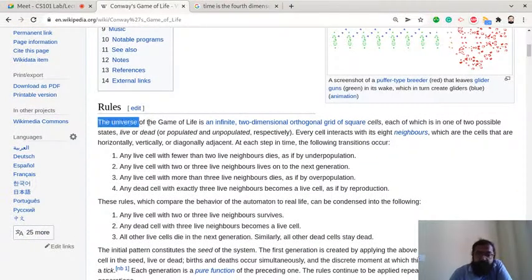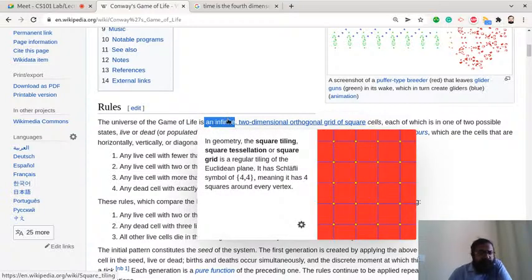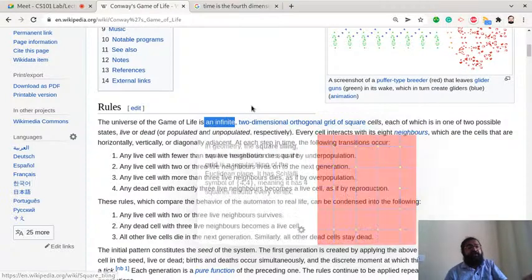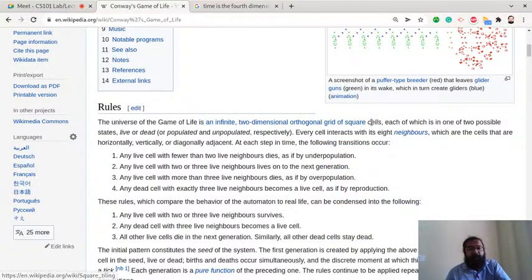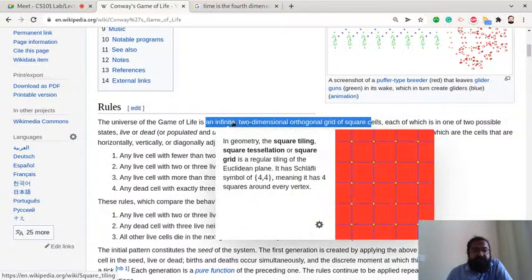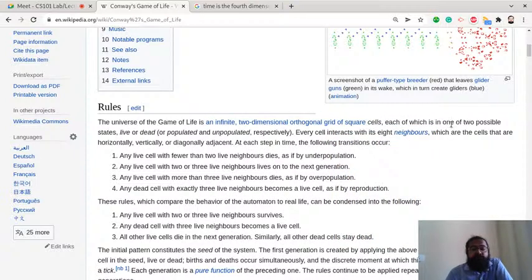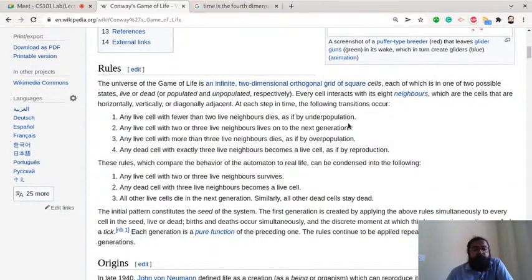So the universe of the game of life is infinite. You don't have to make it essentially infinite, but if you make it infinite, that's well and good. So it's an infinite two-dimensional orthogonal grid of square cells, each of which is in one of two possible states: either alive or dead.